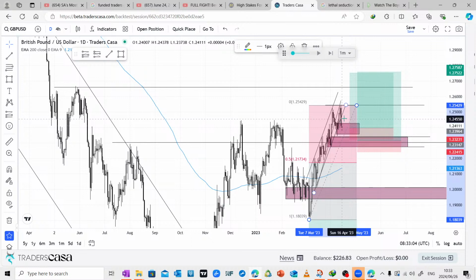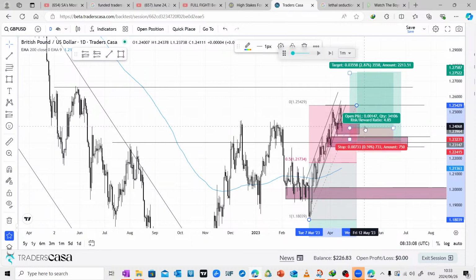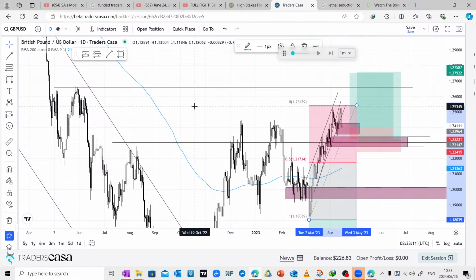I'd rather be selling into this fair value gap that's here, or buy to these levels where we're gonna sweep the buy side here, because we've already taken buy side that's here, the last buy side is right here.